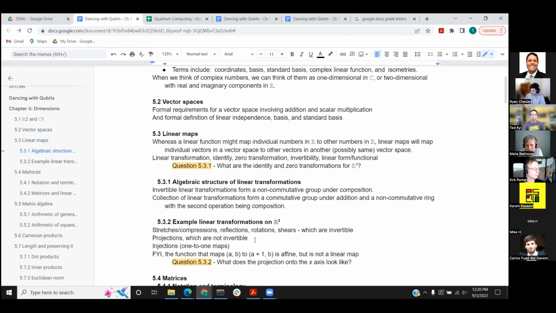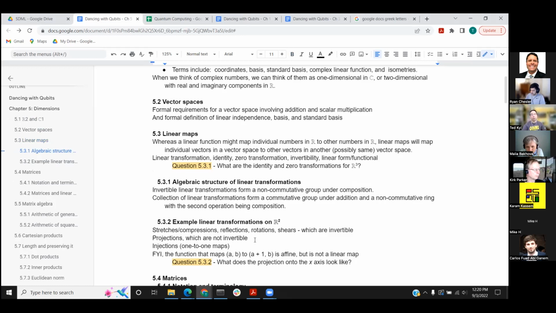Let's see here. Algebraic structure. So I'm not sure. I don't know if anybody else knows. I think algebra is very useful. I don't know that all of this algebra will be absolutely required to understand quantum computing. Like if you know that something has group structure, that's very interesting, but we'll see.